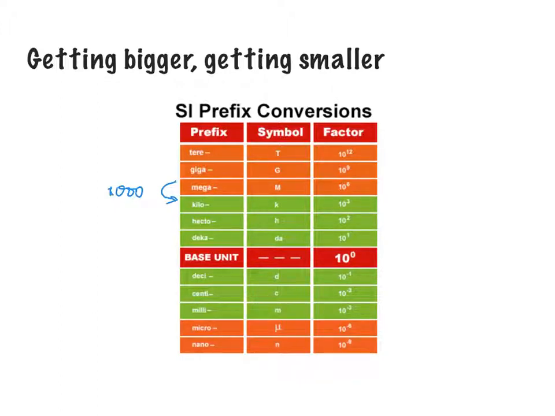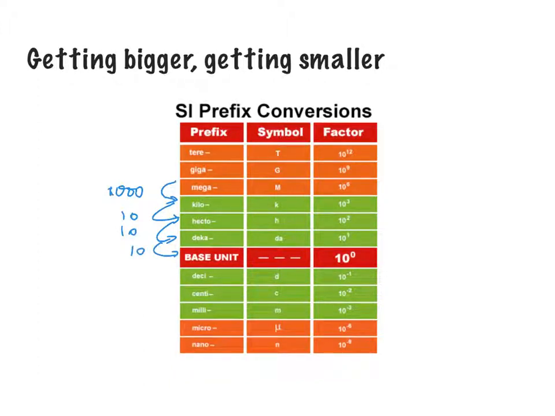But then we've got these little ones in the green areas through here. We've got kilo to hecto is only 10. Hecto to deca, again, 10. And then to the unit is 10.